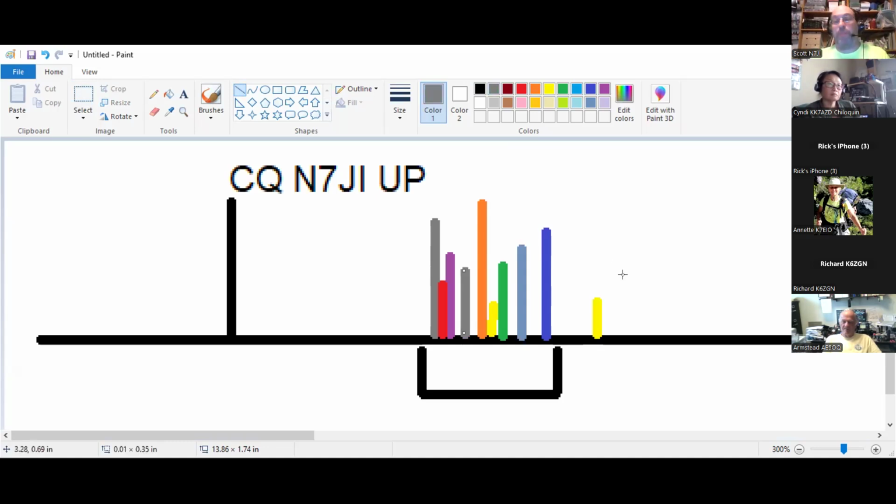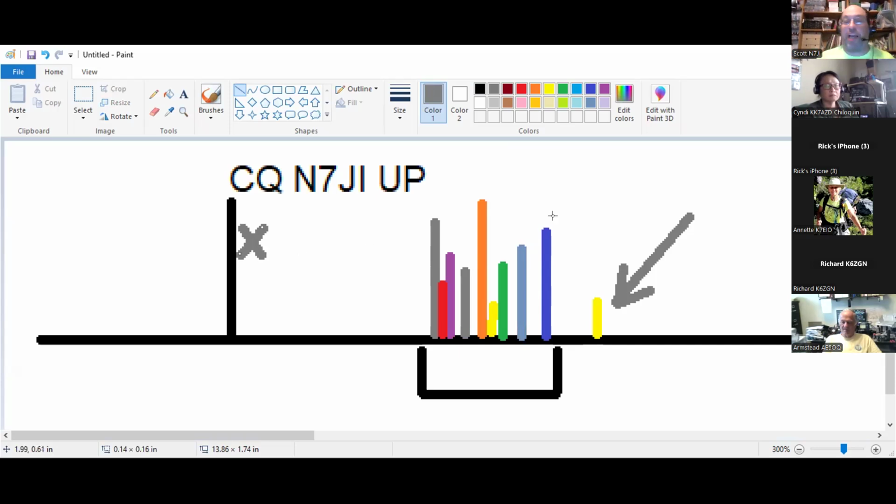This is a pile-up. Which one, and I have been on the other end of it, which one do you think is the one that gets heard? It's probably going to be the little yellow one, because he's all out there by himself, isolated. That's right. And I have been the station with the black mark there.